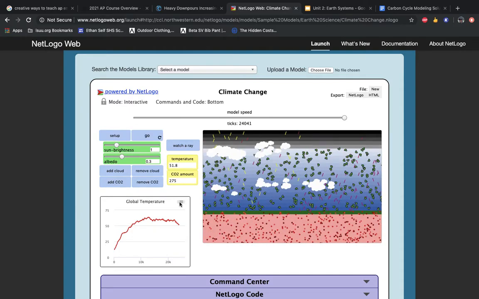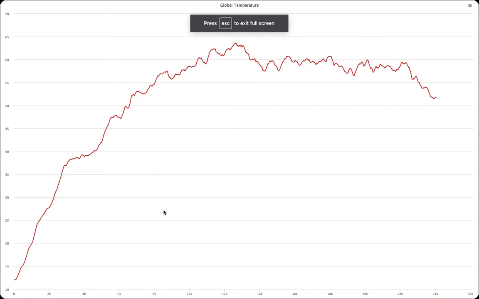And I'm going to take a look at my chart, because this is where I get my data. So remember that at about 18,000, we were at 59. Oh, here's 18,000. At 18,000, we reduced CO2 levels from 425 to 375. And I saw a drop to about 56, so 3.5 degrees by reducing the CO2 levels by 50 parts per million. And then it started to rise, probably due to natural fluctuations.